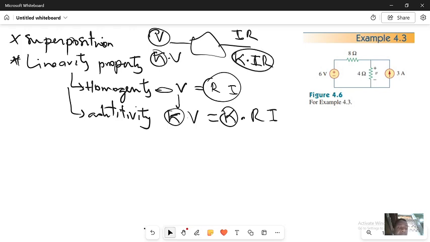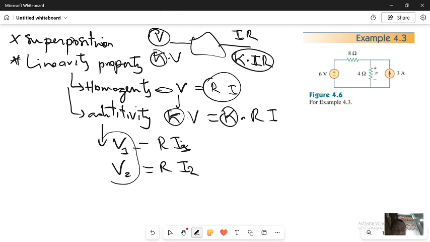Now the additivity says that if we have an input V1, it gives us Ri1, and we have another input V2 giving Ri2. That means if I add the two inputs, it's the same as adding the two outputs.